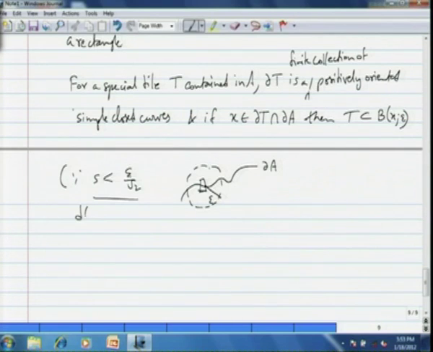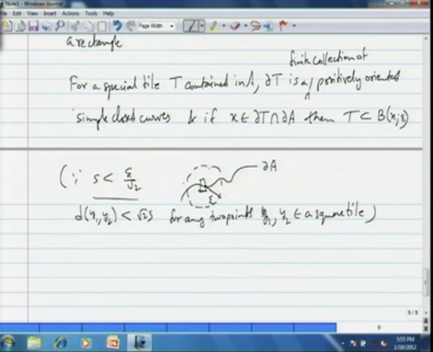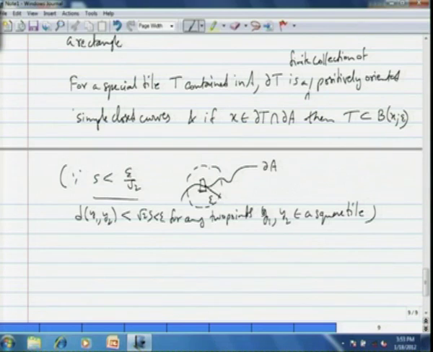So, the distance between any 2 points y1, y2 belonging to a square tile is at most root 2 S. And by arrangement S is strictly less than epsilon by root 2, so this is strictly less than epsilon.